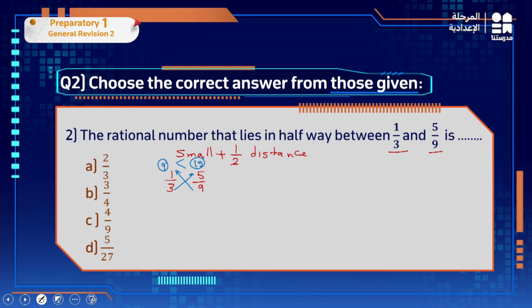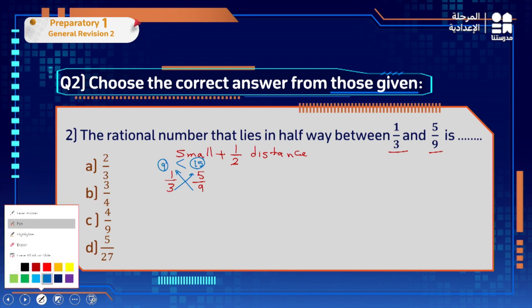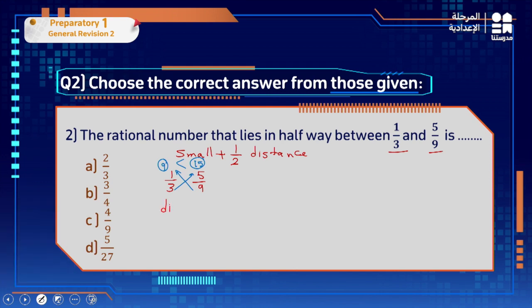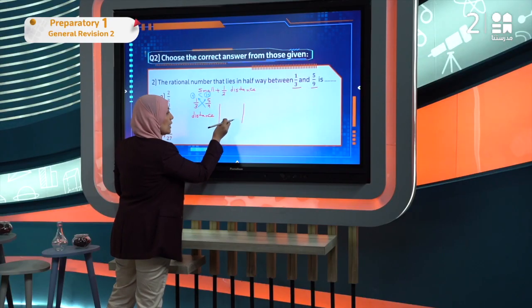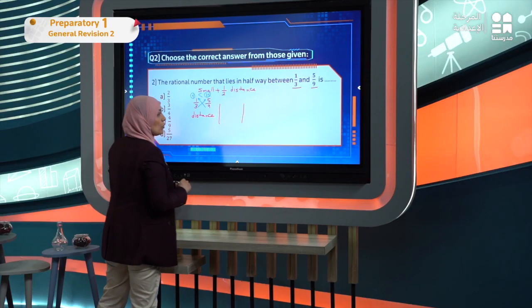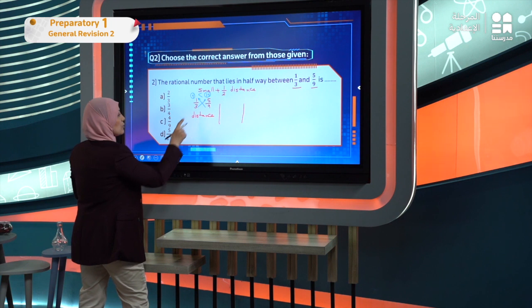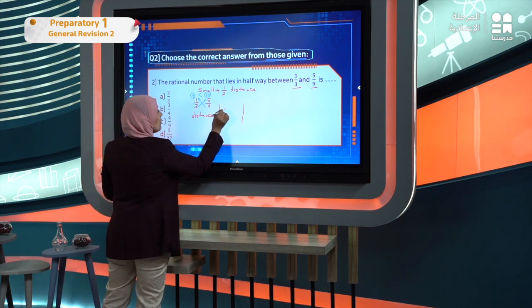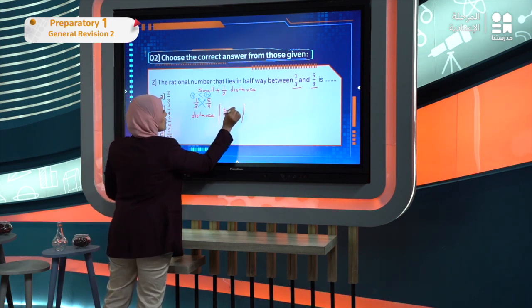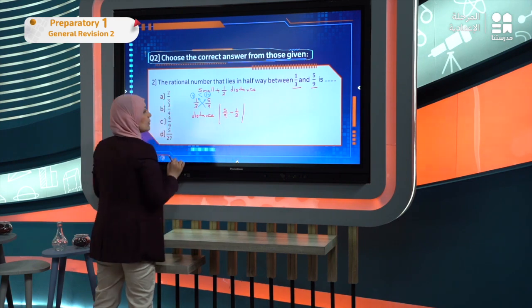Okay, to get the distance now. The distance is the absolute value of bigger minus smaller or smaller minus bigger. It doesn't matter because we have the absolute value, and any number inside the absolute value will be positive when we get it out. So here it will be 5/9 minus 1/3.